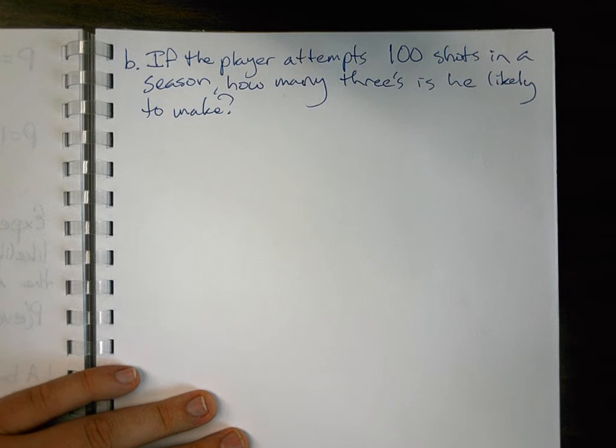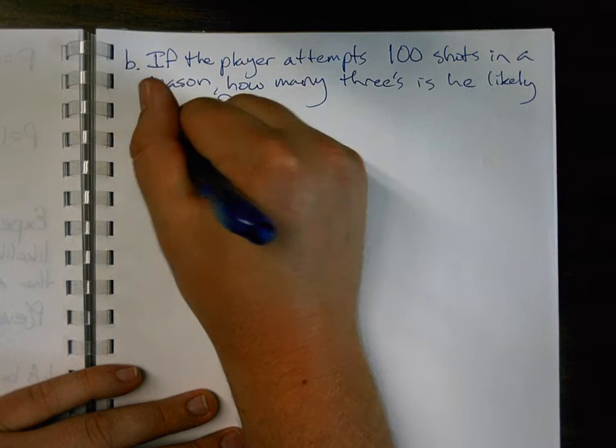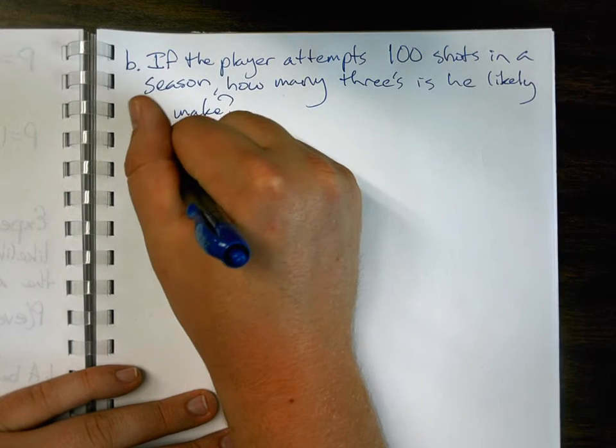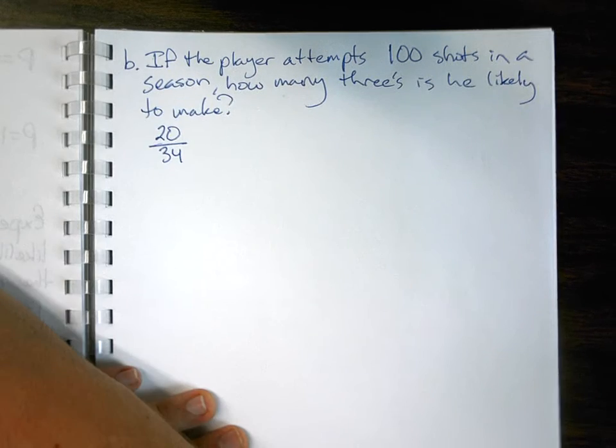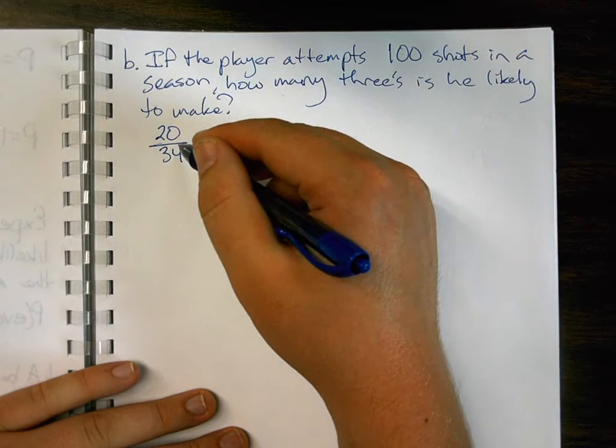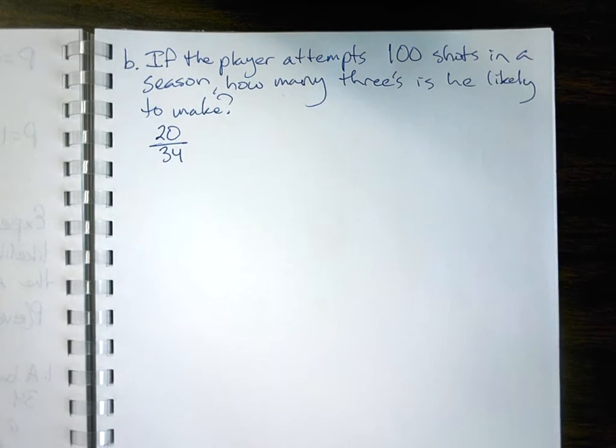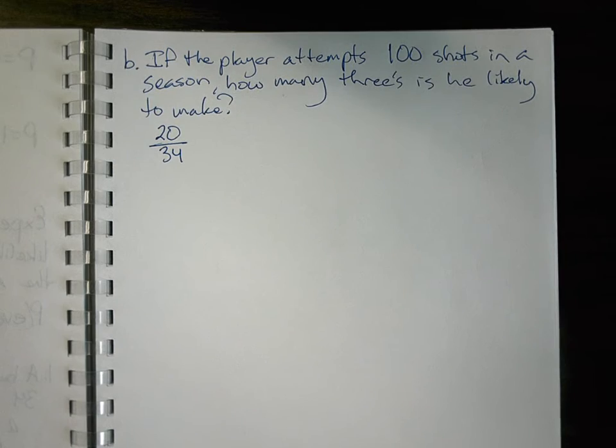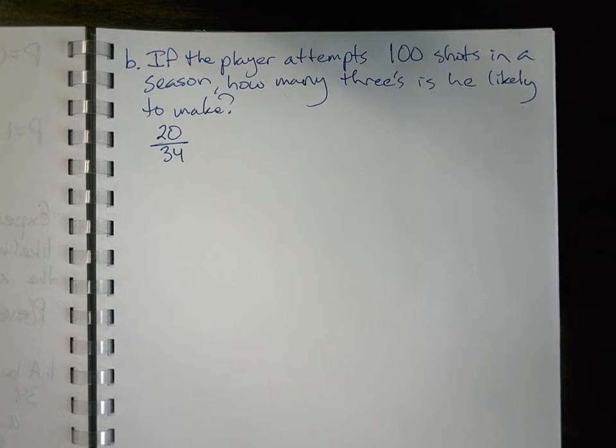Okay, well, based on the data in part A of the question before, we figured out that the probability of his making a three is 20 over 34. Because he had 20 shots made over 34 shot attempts. But now they're asking us, if he attempts 100 shots, what's the amount that he'll probably make? How many will he probably make?